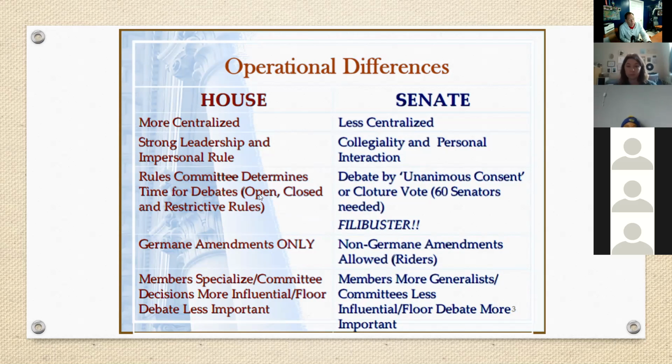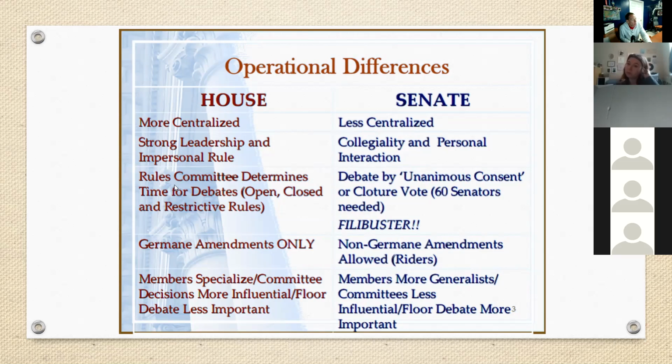These committees will specialize in something, like a Foreign Services Committee, a taxing committee, or an education committee. So any bill introduced in the House or the Senate, if it's an education bill, will go to the education committee first. It has to get out of that committee before it can be voted on by the entire House or the entire Senate.